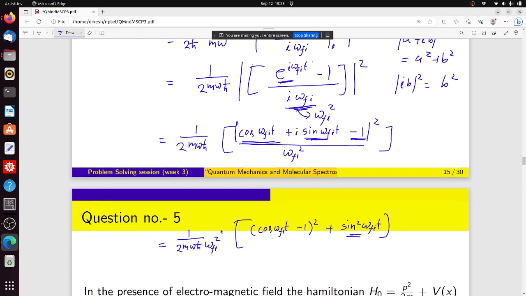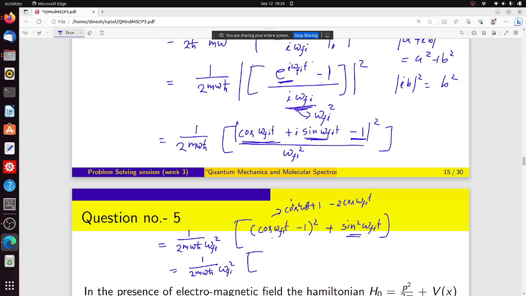If you further simplify this and expand, it will give cos square plus 1 minus 2 cos omega fi t.